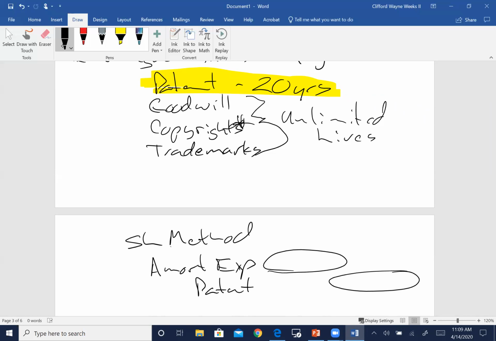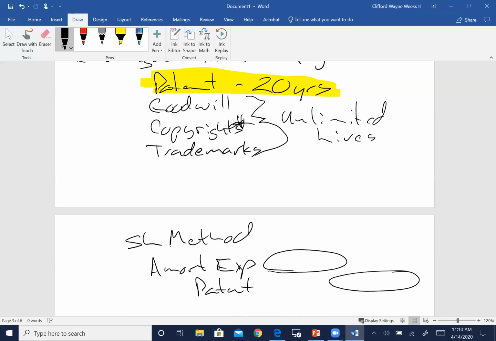They're reducing this patent. And so know that depreciation was for fixed assets, depletion was for natural resources, and amortization is for intangible assets. Amortization just means to spread something out.